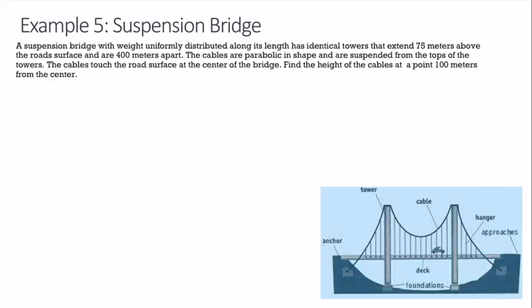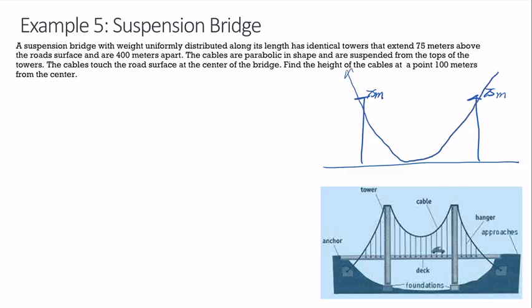So let's draw a picture. Here's my road. I have 2 towers that are 75 meters tall. What connects them is a parabolic shape that touches the road in the center. So let's let this be our vertex, 0, 0.